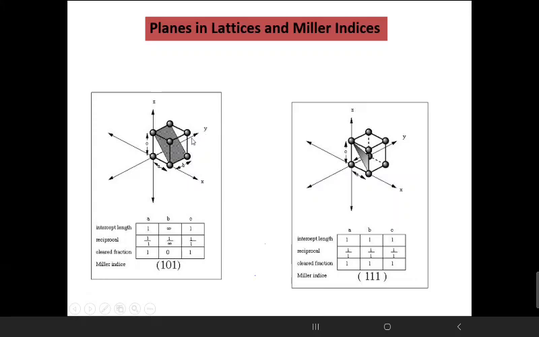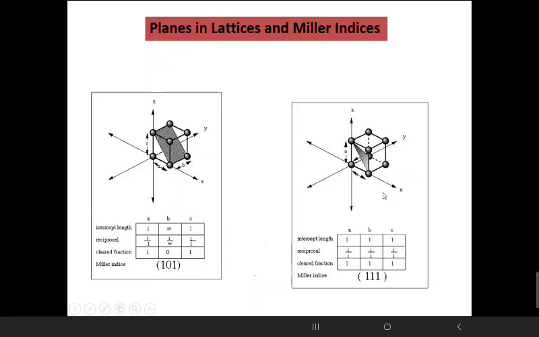So in the Y axis, the intercept is infinity. Now you need to find the reciprocal. 1 over 1, 1 over infinity, 1 over 1. So 1, 0, 1. So the Miller indices are 1, 0, 1 for this particular plane. If you are given any plane, you can find the Miller indices for that plane.